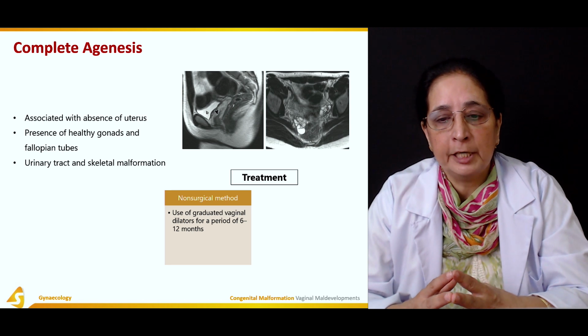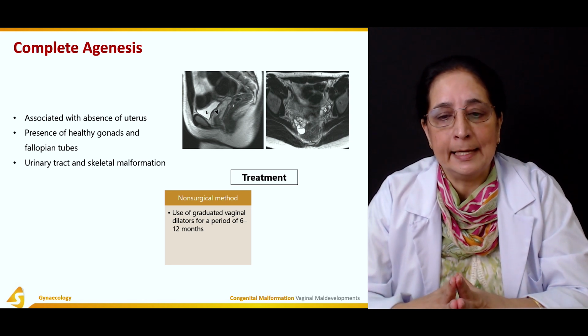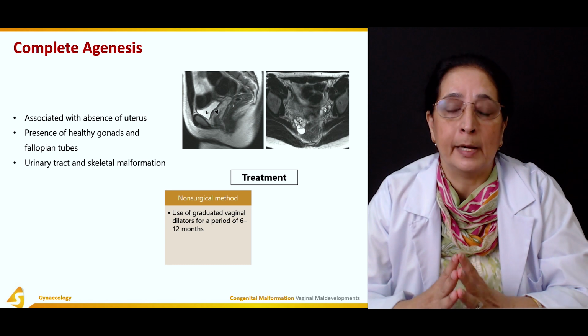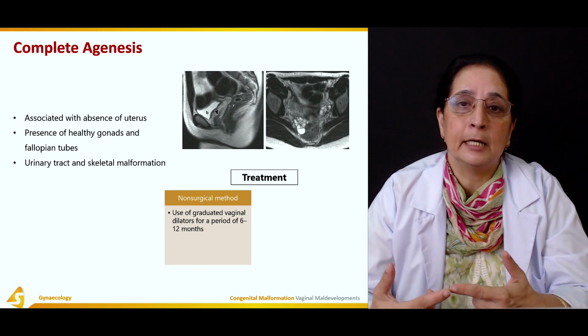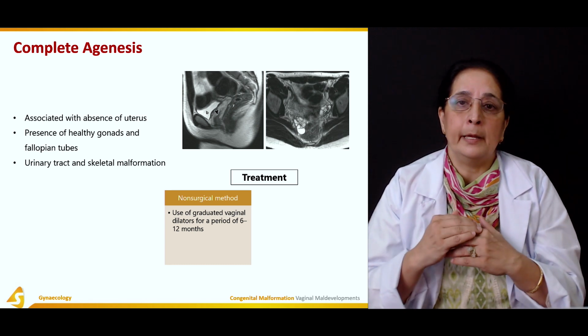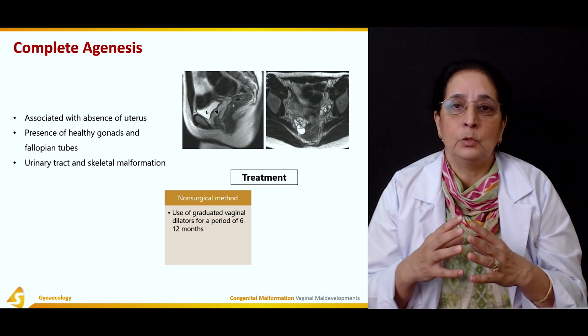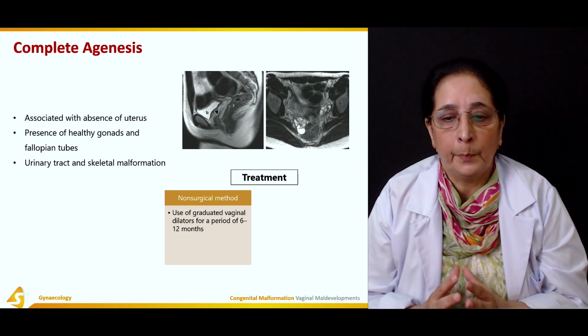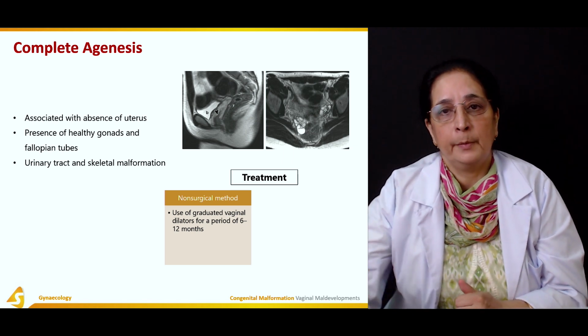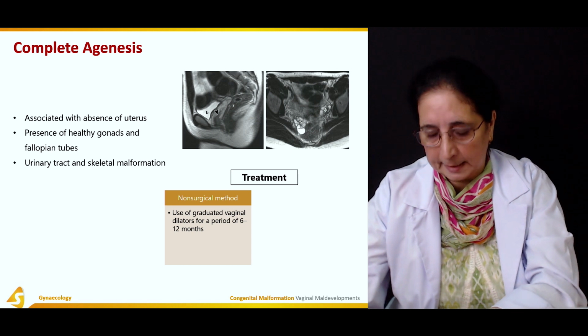So graduated vaginal dilators are used for 6 to 12 months. The dilators are used starting from the low numbers, slowly increased in number, with the aim to obtain an opening, and it should be done for a period of 6 to 12 months.